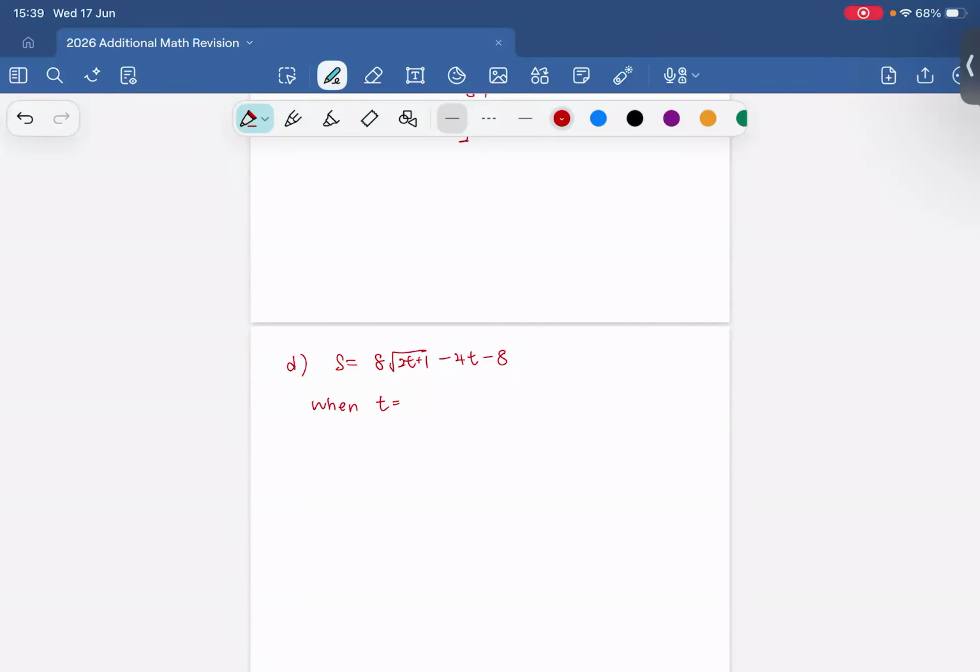So when t is 3 over 2 is where the object turns. We also need to find when t is 4. It is 0.